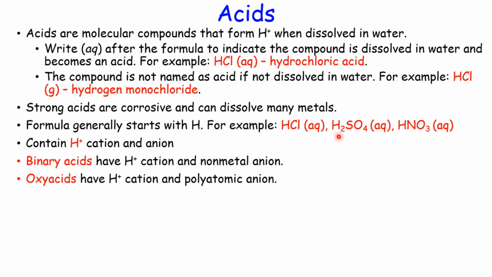But the oxyacids have H+ as the cation, but then the anion is a polyatomic anion, like SO4 sulfate, NO3 nitrate, and so on and so forth.